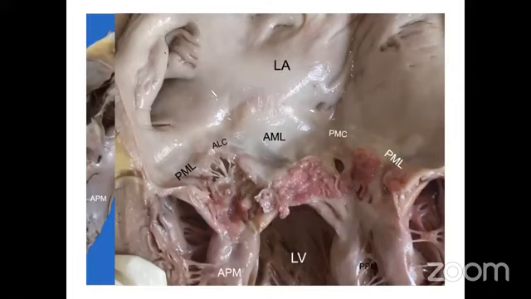But here you have almost flattened reddish pink vegetations which are present over a deformed mitral valve. Why I say deformed? Because when you look at this particular aspect of the mitral valve, we can see the stigmata of chronic rheumatic heart disease in the form of leaflet thickening, mild chordal fusion, and significant chordal changes.